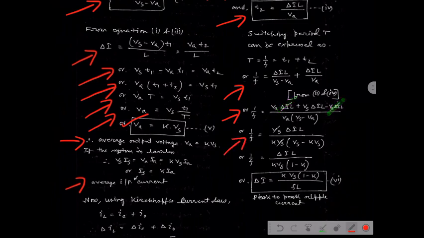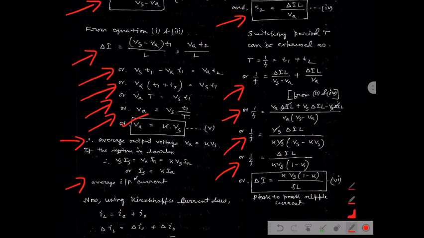Then ultimately we get Vs del I L divided by KVs (Vs minus KVs). Then with further simplification, we get 1 by f equals this one, in which we have taken the common part here, and we are replacing Va equals KVs. So both are cancelled by each other.